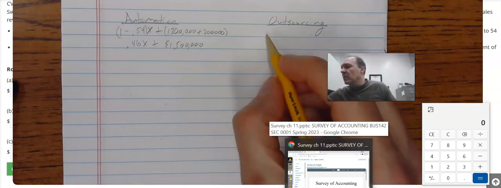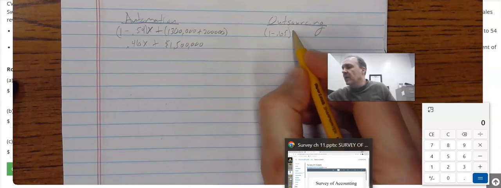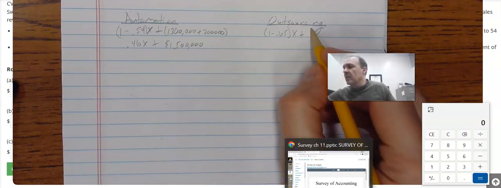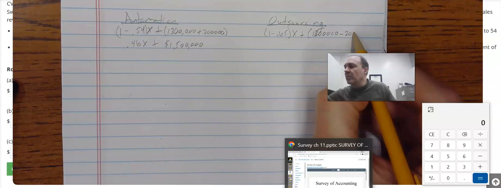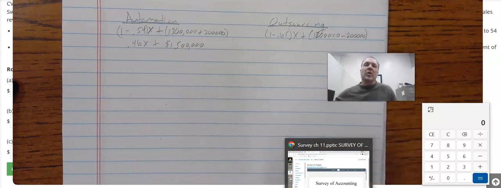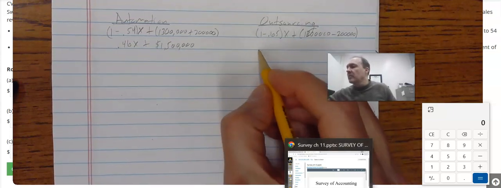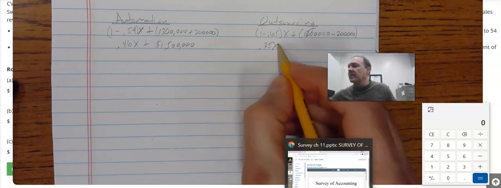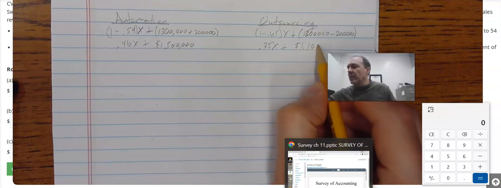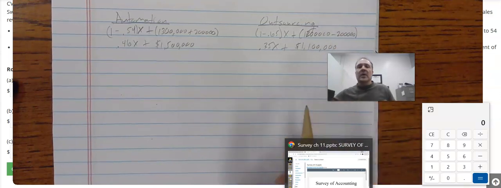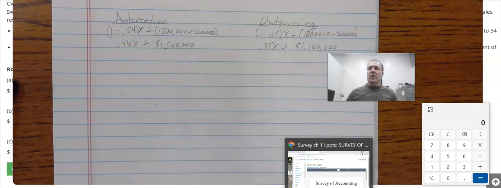Over here we're going to say basically 1 minus 0.65x plus our original 1.3 million minus 200,000, because in this scenario our fixed cost went down. We can simplify that to 0.35x plus $1,100,000.